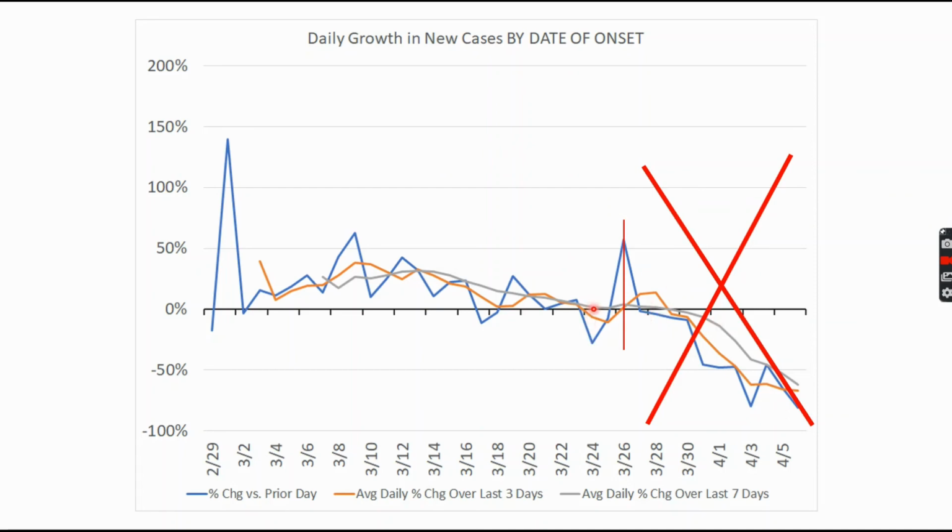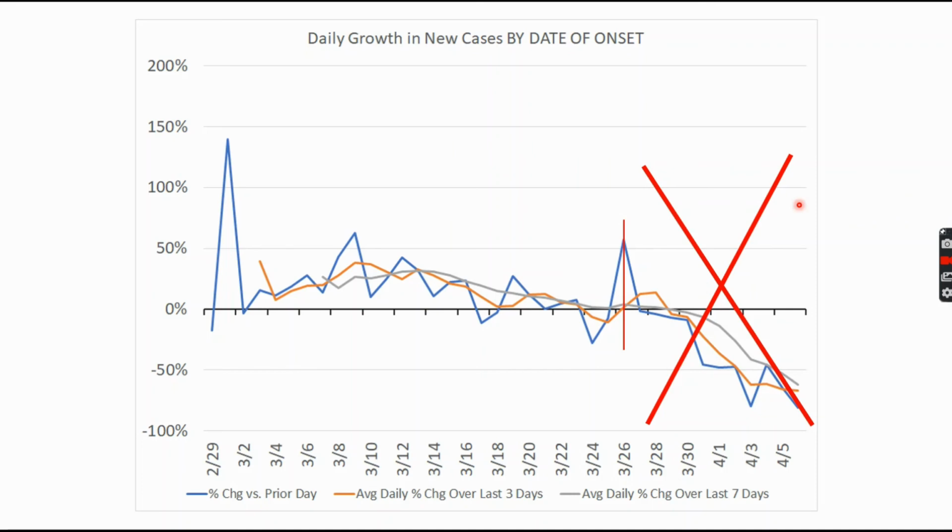But we see that the growth rate, and I would encourage people to look at the 7-day growth rate just because it's a little bit more smooth, less volatile. We see that it had slowed and then it's increased a little bit.